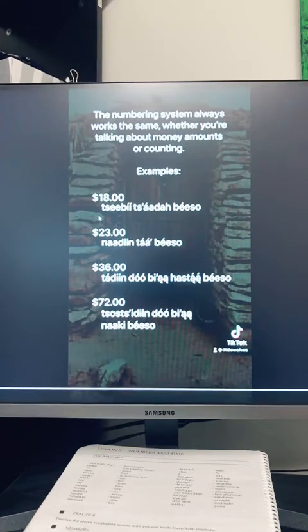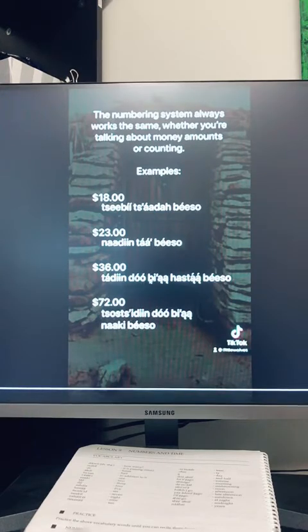When you're translating money into written form, it's going to be almost a complete sentence. So here it's $18. Tebit ada peso. $23. Nadine ta peso. So you just write the number and then add peso at the end.